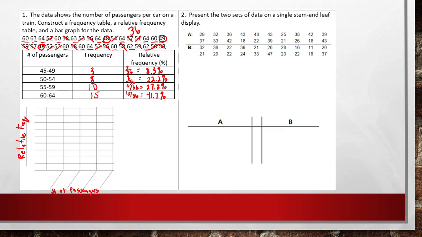So we're going to put each of the categories we have here. So I'm going to count here. Each of these lines I'm going to count as 2. So this is like 2, 4, 6, 8, 10, 12, 14, 16.